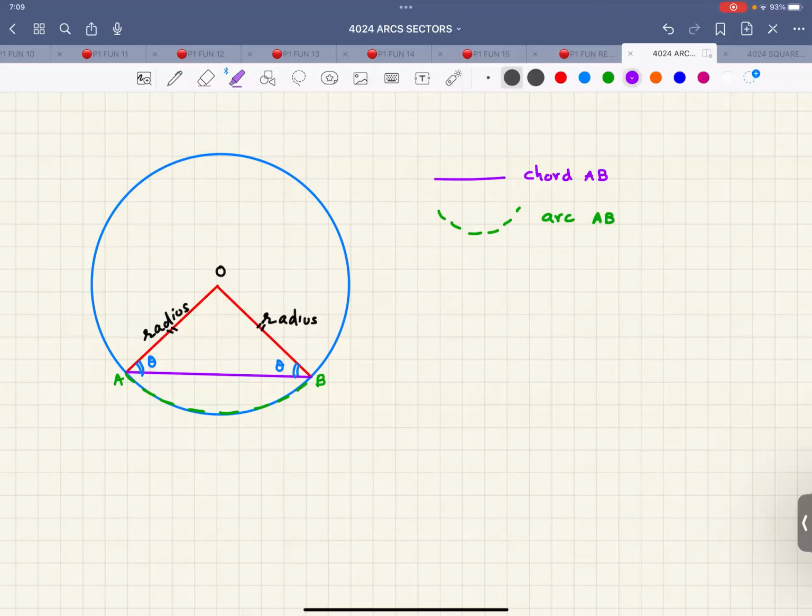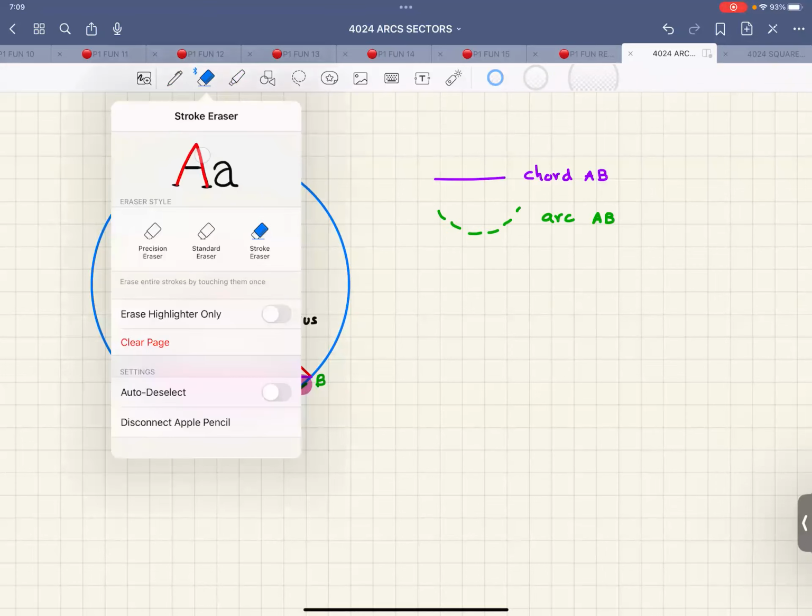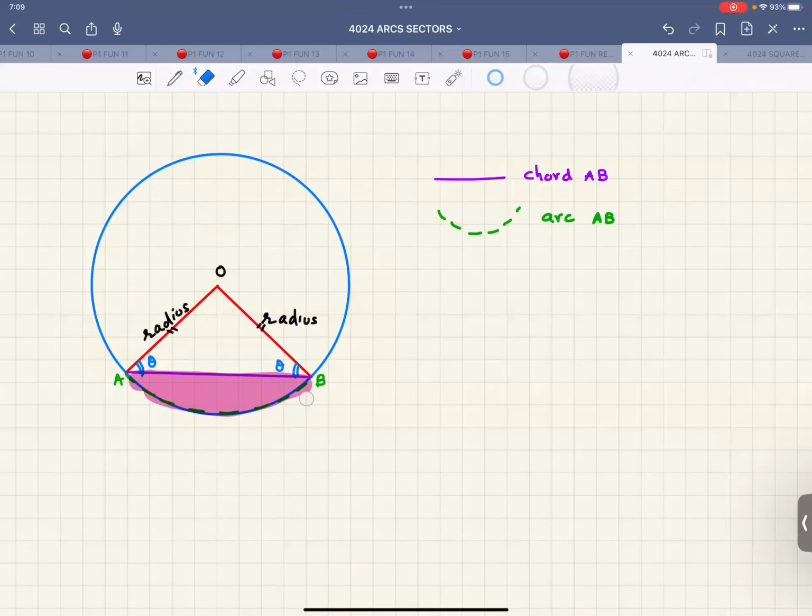Now, what else do I have? I have this region over here that I'm shading. This is a segment. So let me just erase this. So therefore, this is the segment.